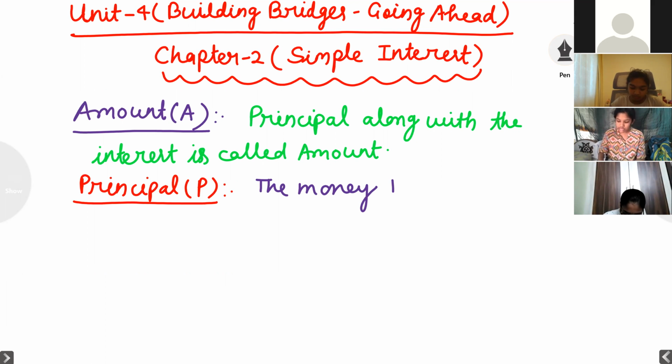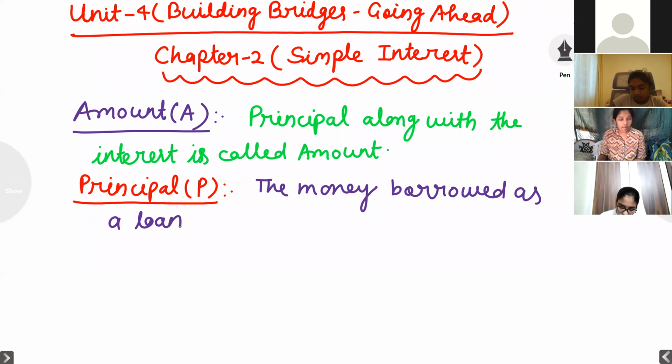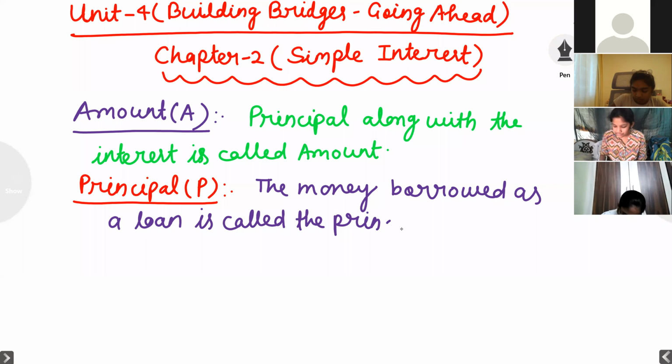The money borrowed as a loan is called the principal. Not only borrowed, students, deposit and withdraw are also called principal.